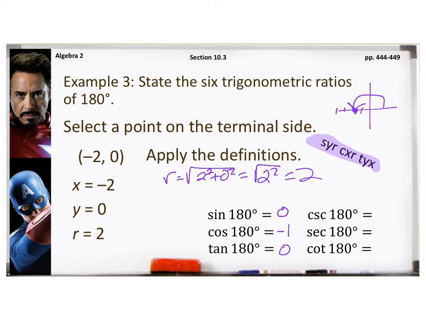So cosecant is 1 over 0. So that is undefined. -1 over -1 is again -1. And again, I have 1 over 0, so this is also undefined. Okay, so we have to be careful of these when you have a 0.